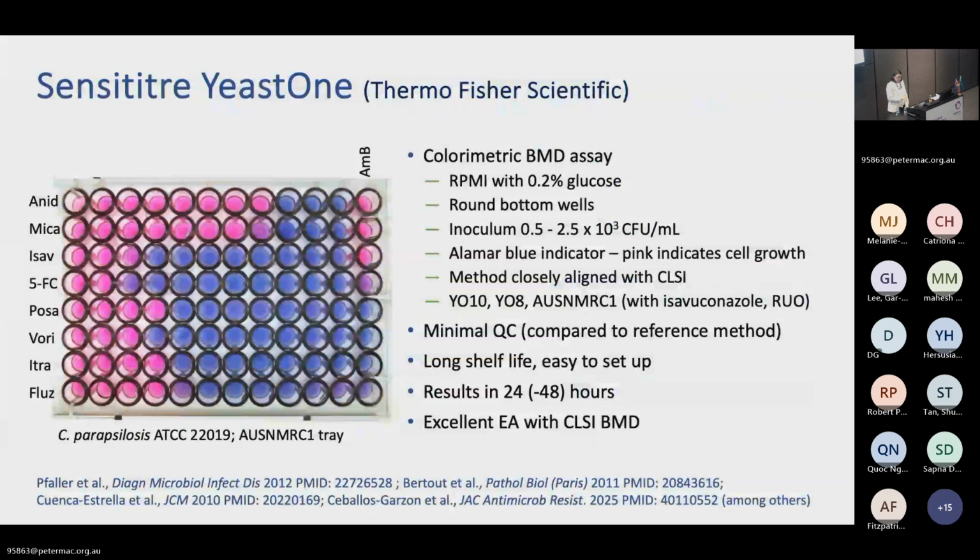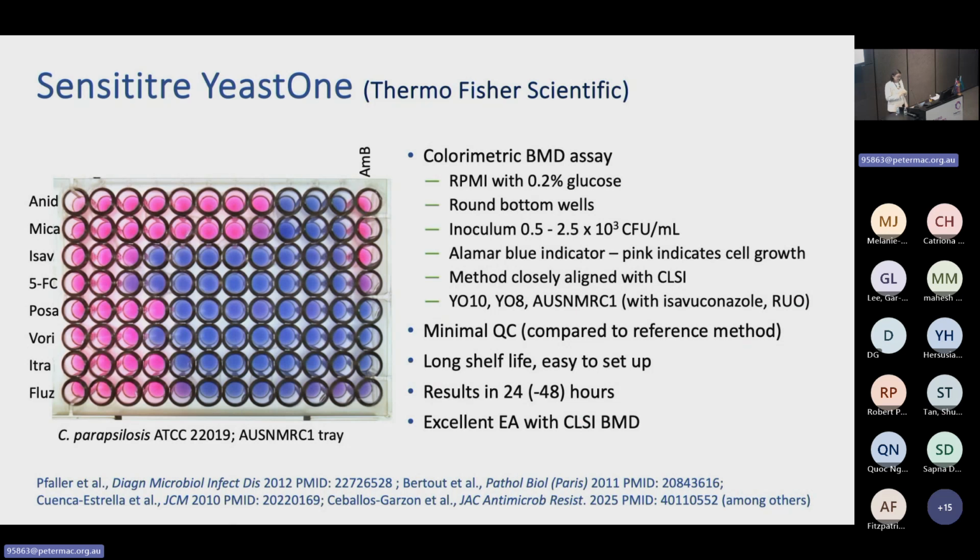So with the majority of labs routinely using Sensititre YeastOne, it's worth talking about it. And this is the method that will be used for the MICs in the ACSIII study. So this is a commercial broth microdilution test, which most closely aligns with the CLSI reference method in terms of those variables like the inoculum concentration, the media that's used, the incubation time, all of those things.